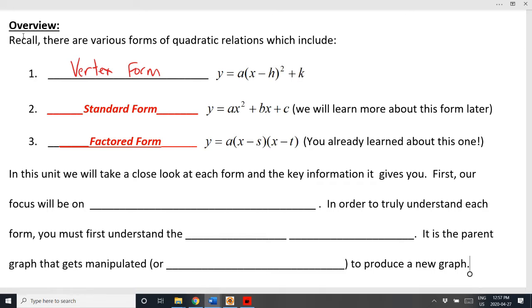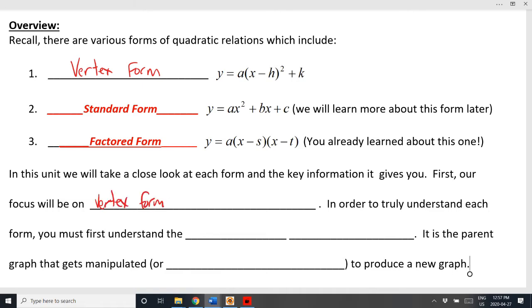We'll talk about this one a little bit more in the next couple of units. The factored form, y equals a(x minus s)(x minus t), and we've already learned about this one. In this unit, we will take a close look at each form and the key information it gives you. First, our focus will be on the vertex form.